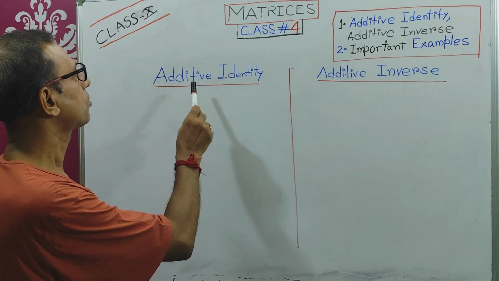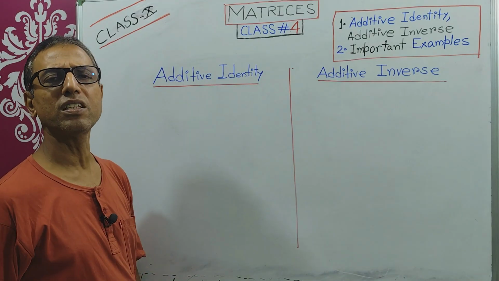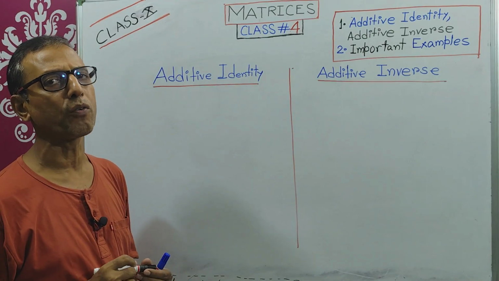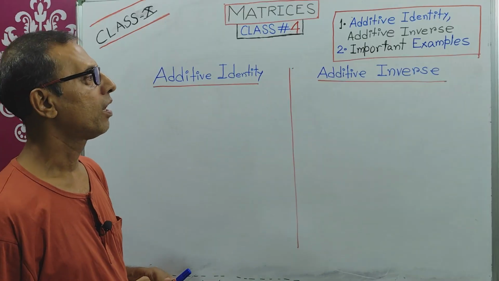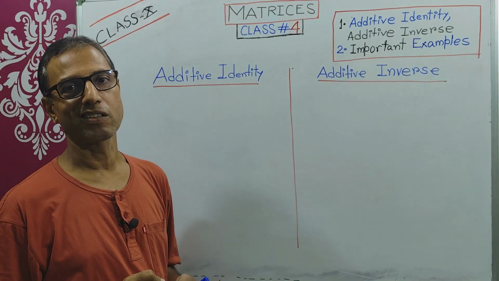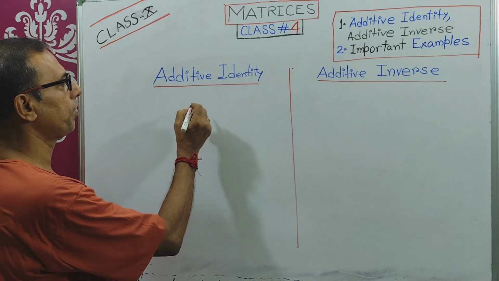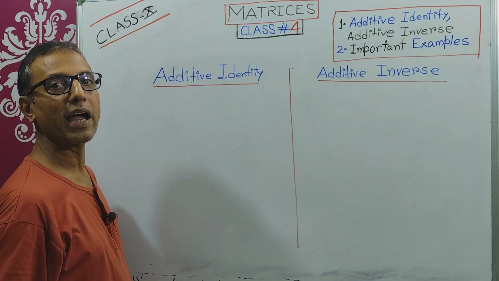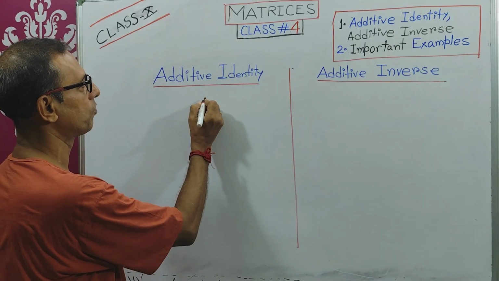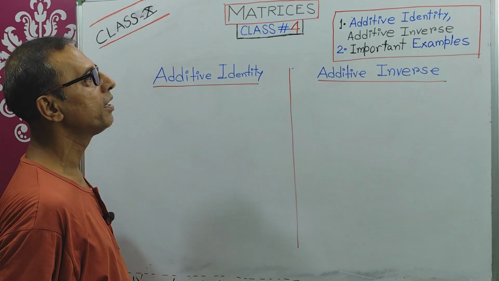So let's start. Additive identity and additive inverse, these two are very common terms. I hope all of you know that with respect to numbers, or rational numbers rather. You know that 0 is the additive identity for any number. Why is it called additive identity?